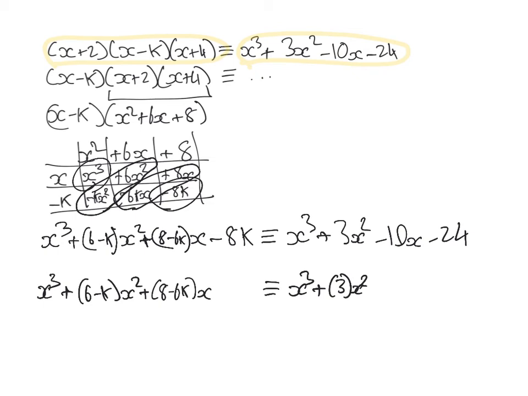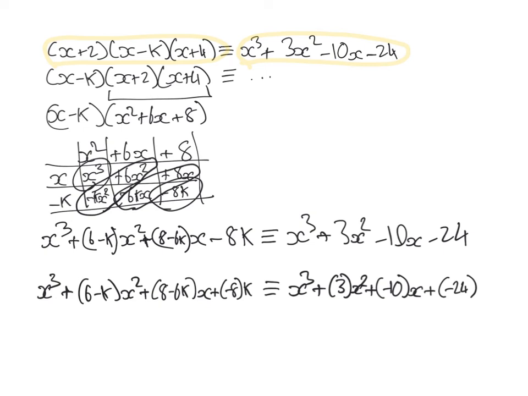Now here we've got a negative 10x, so to make sure it is exactly right, we're going to flip the sign and stick a negative 10 in there. And then the last one is a negative 8k. Now they are the same, so we could keep them that way, but just for the sake of completion, we'll put plus minus 8k, and plus negative 24. So now we've got x cubed, x squared, x, and a constant, x cubed, x squared, x, and a constant, and they're all being added together.